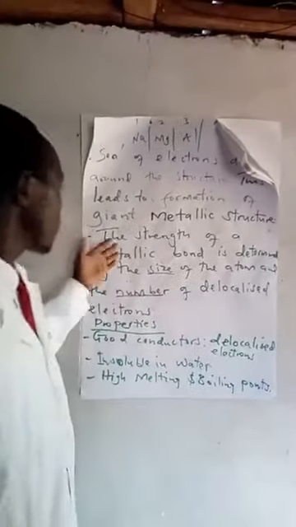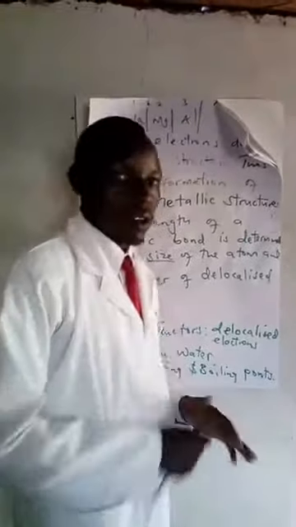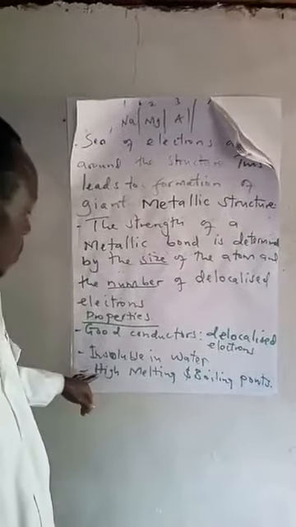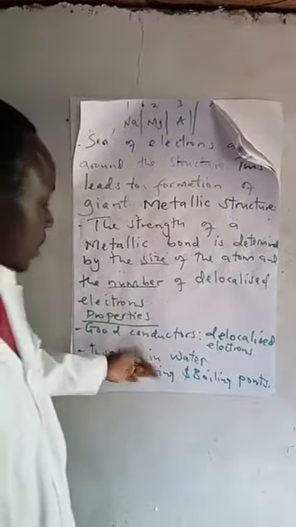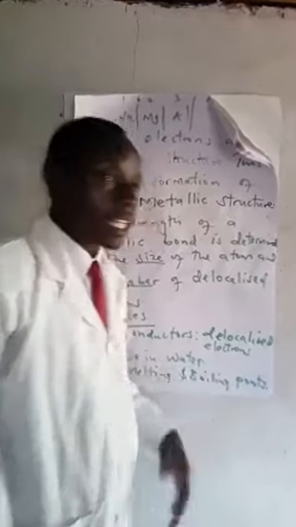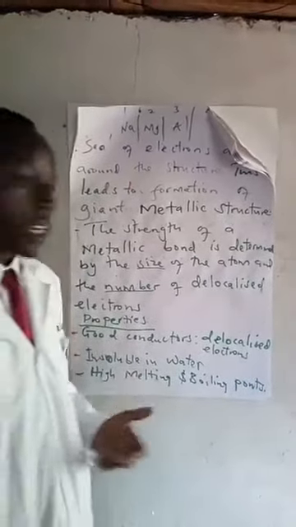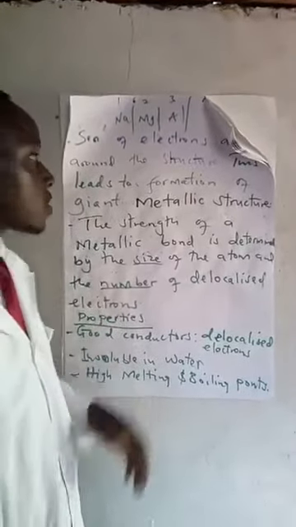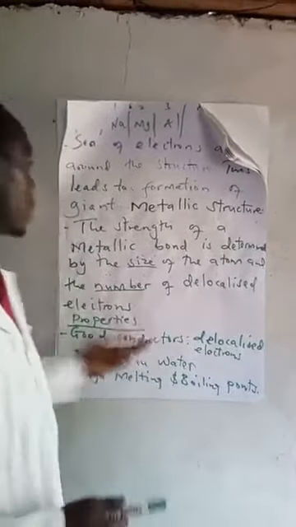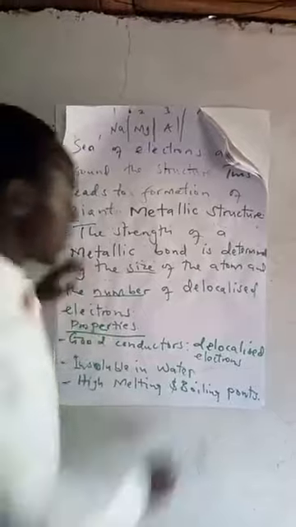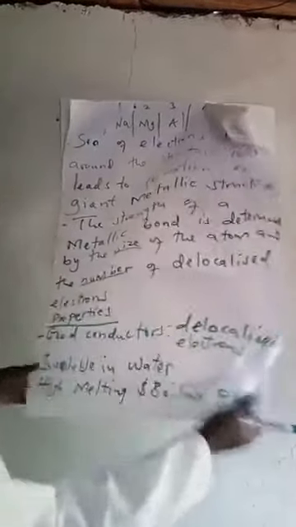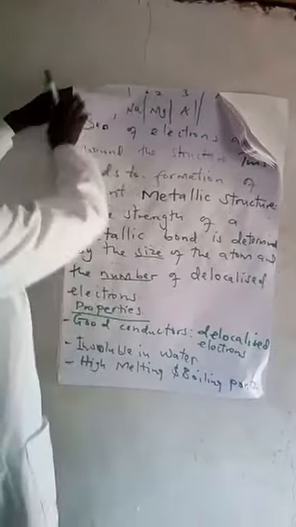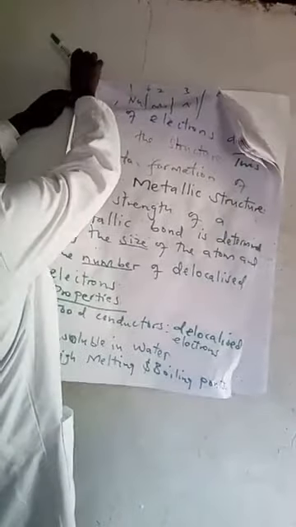We have said metallic bond is strong and forms a giant metallic structure, so the melting and boiling points are high because the stronger the forces of attraction, the more energy is used to break those particles, and therefore the higher the melting and boiling points. So that is metallic structure and metallic bonding, and that is the end of that bit.